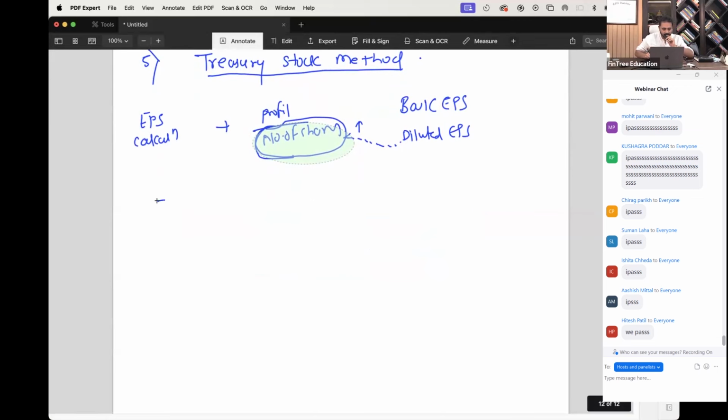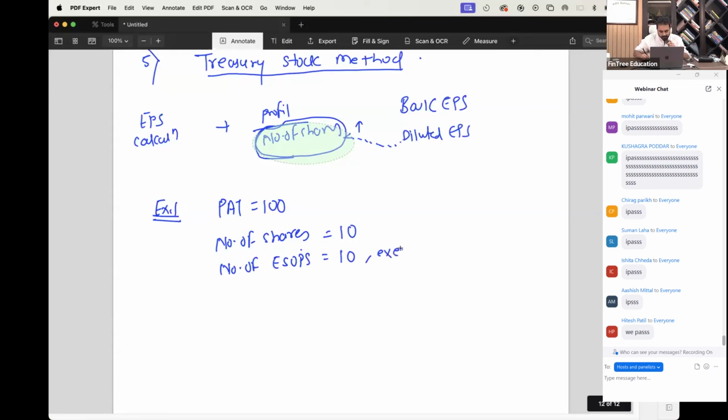Here's example number 1, the easy one. Let us say a company has a profit after tax of 100. The number of shares that they've issued is 10 common shares, and number of ESOPs that they've issued, employee stock option plans, are 10.